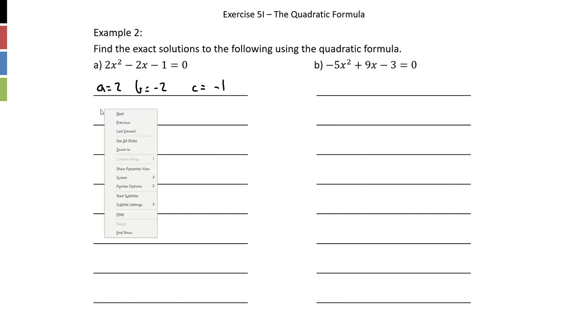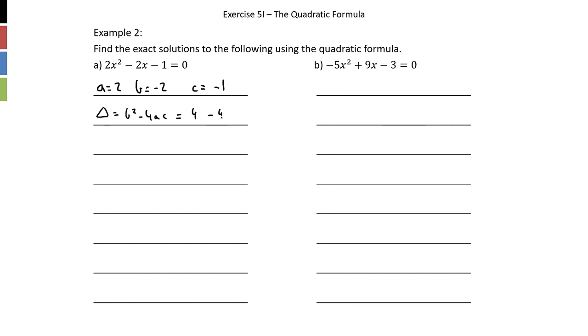So it's equal to b squared minus 4ac. That's going to be 4 minus 4 by 2 by negative 1, which gives us 8. 4 plus 8 is 12.